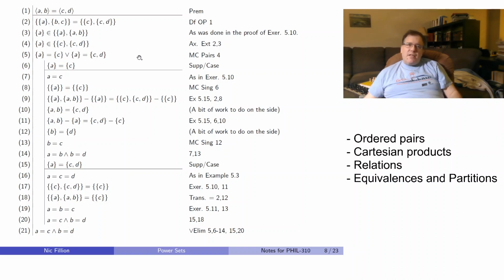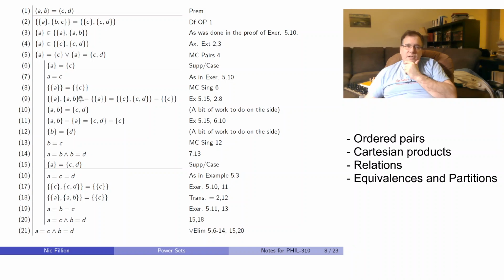So that means that we can take line 2, which is that here are two sets that are equal, and we'll remove the same thing on both sides. But on one side, we'll remove the left-hand side of 8, and on the right-hand side, we'll remove the right-hand side of 8. And that gives us line number 9 in virtue of exercise 5.15 and lines 2 and 8.